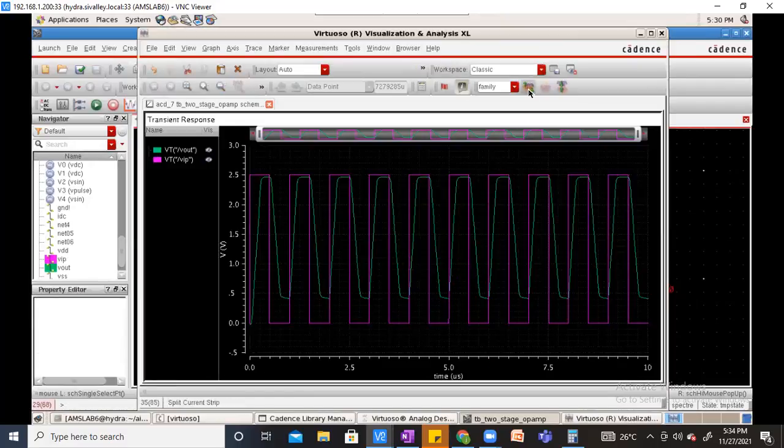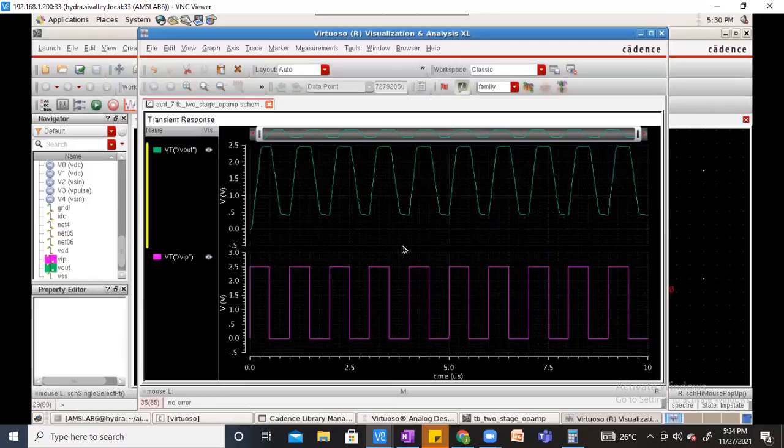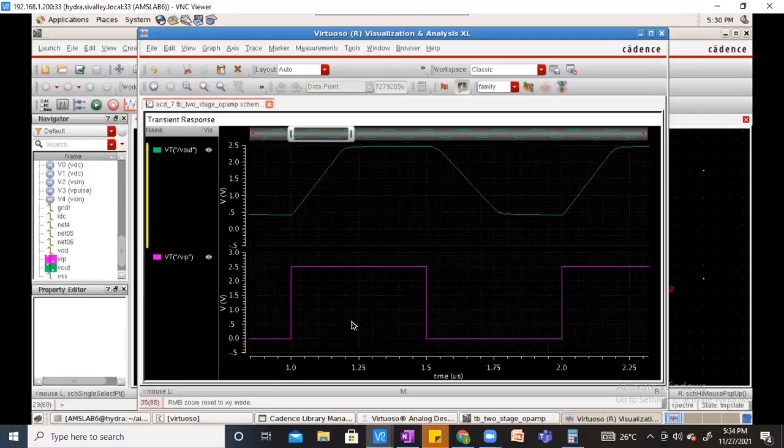Now we can see this is how our output is behaving. My input has risen here somewhere, and my output is slowly rising and ramping, and it becomes stable after some time. So this is your settling time.